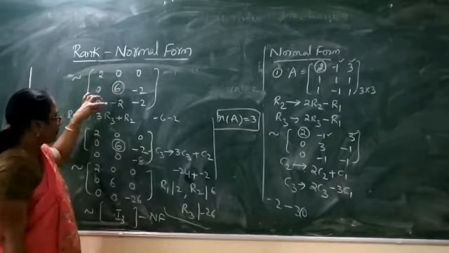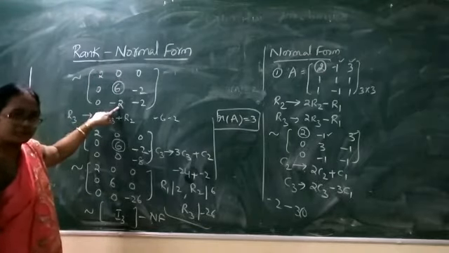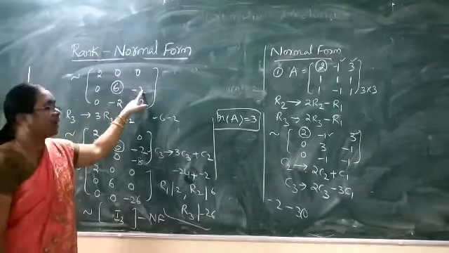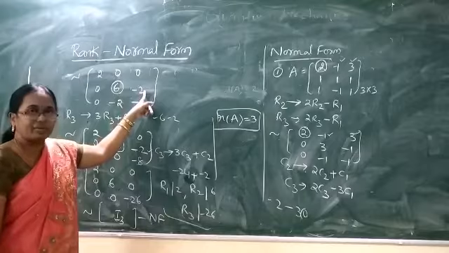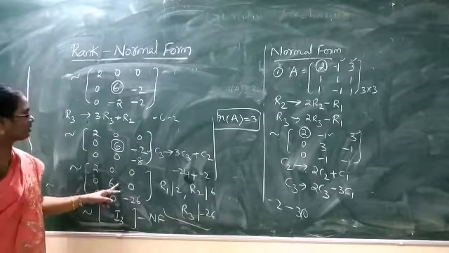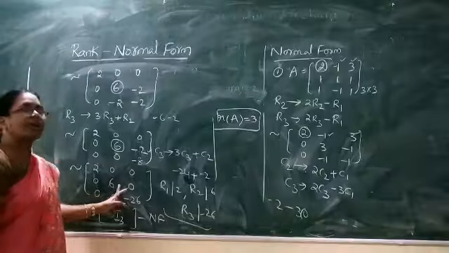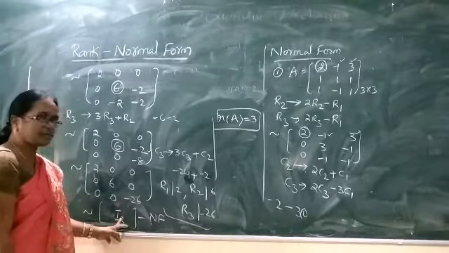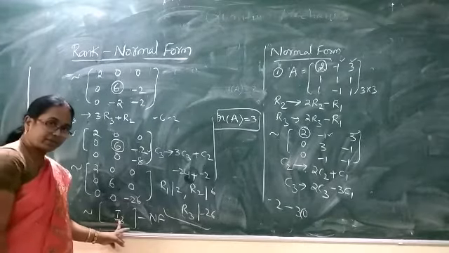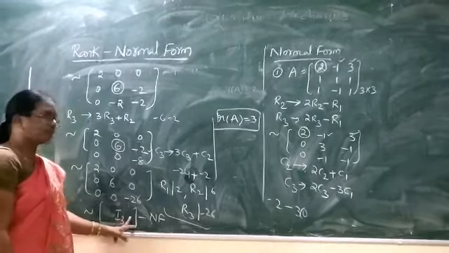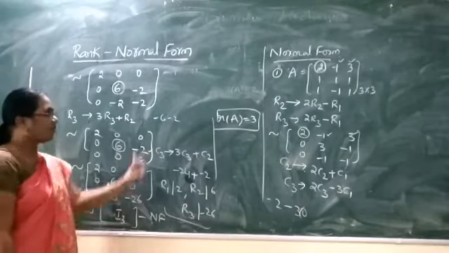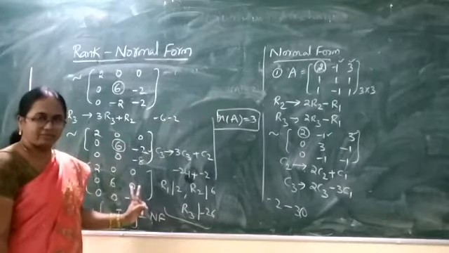Using this, with row operations we make the element below 0. With column operations we make the right side element 0. And we arrived at the form wherein we get a diagonal matrix. Now clearly this can be transformed to an identity matrix. Once the identity matrix is reached, no doubt it is a normal form. The normal form is equivalent to the given matrix, and they possess the same rank.